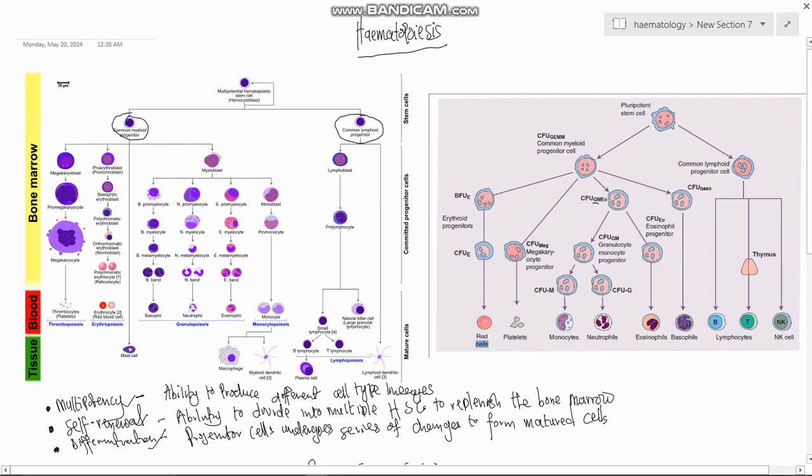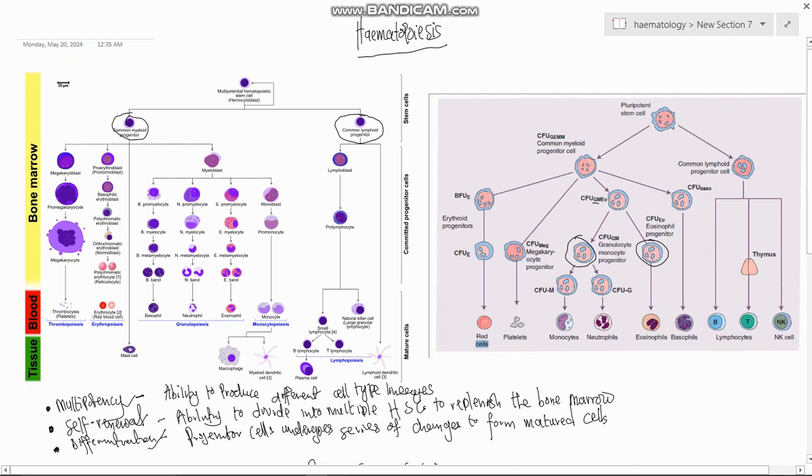So from here, this progenitor also undergoes differentiation to form two other progenitors. So we can see here and there. We have the colony forming unit granulocyte macrophage progenitor, and here we have the colony forming unit eosinophil progenitor.